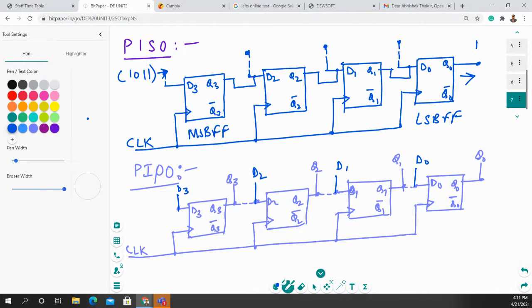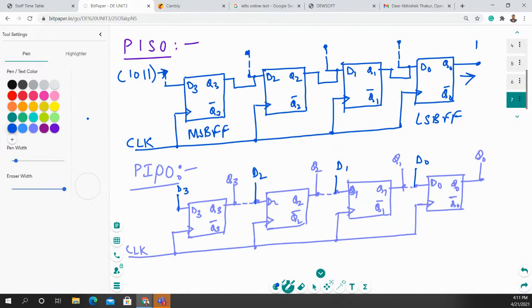This is called parallel in, parallel out. The number of clocks required is one clock signal, because in one clock signal it will transfer all the data from serial to parallel.